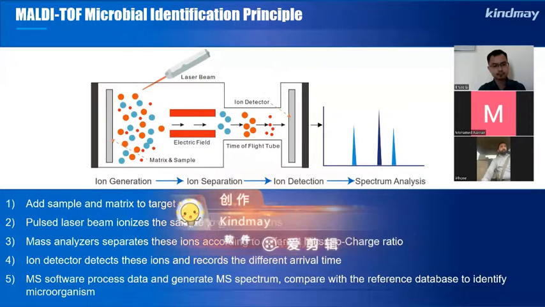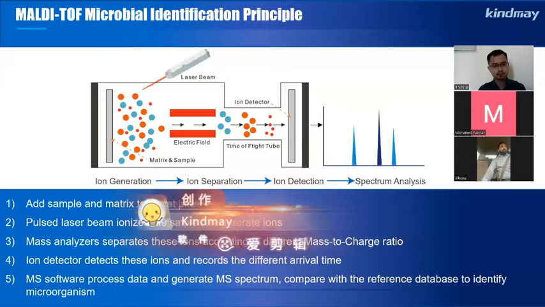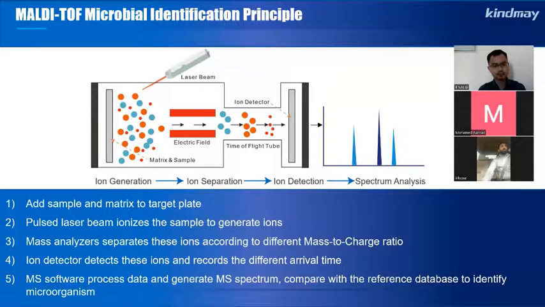So from the working principle, we can see that the microorganism database is very important for MALDI-TOF. The bigger the database is, the more unknown microorganisms can be identified. I will show you more details about the microorganism database later. So this is a simple explanation of the working principle of MALDI-TOF.